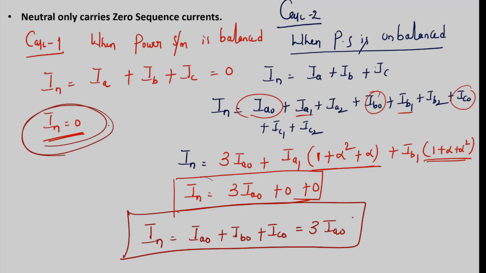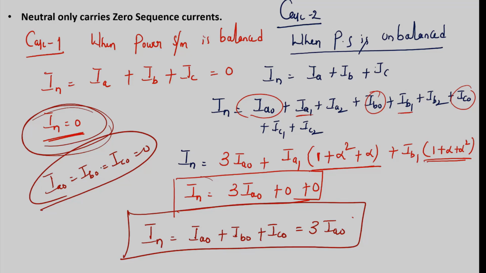Because in the balanced condition, IA0, IB0 and IC0 are all 0. When the system is balanced, all three zero sequence currents are 0, that's why your neutral current is 0. But when the power system is unbalanced, the neutral current is the sum of all three zero sequence currents. So the neutral only carries zero sequence currents. That is the third important observation.